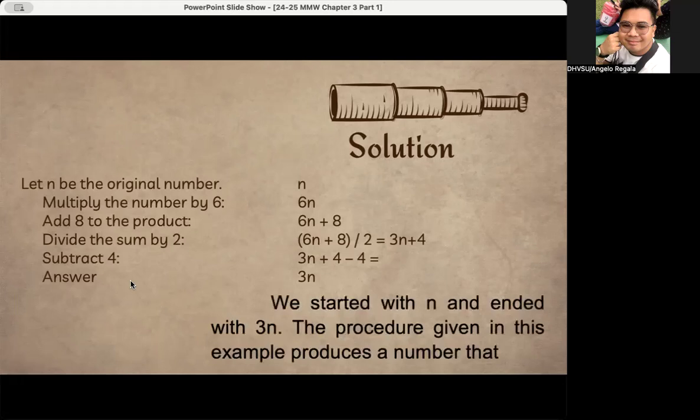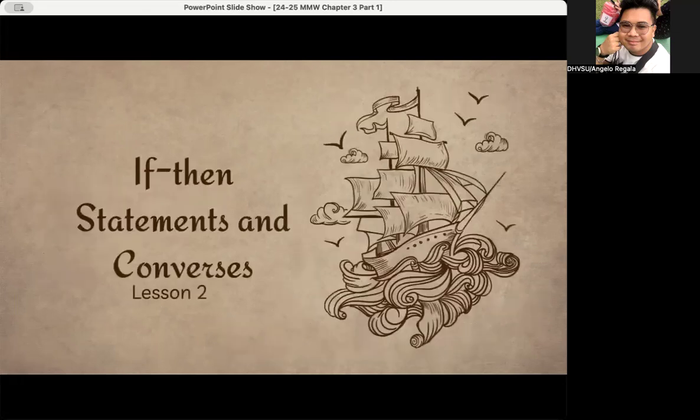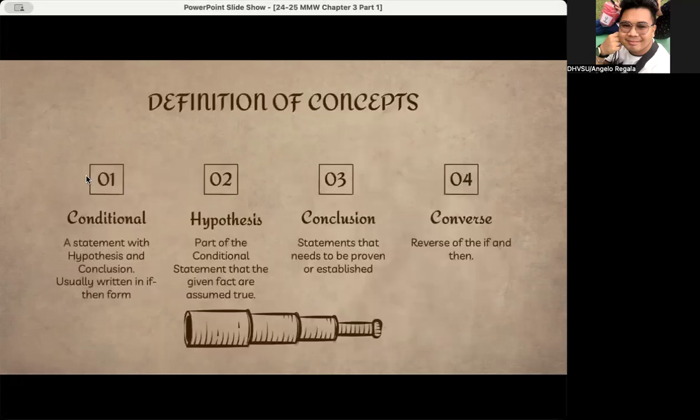Now, for lesson 2 of chapter 3, the if-then statements and its converses. Okay? So let's have first the basic terms. So we have conditional statements.